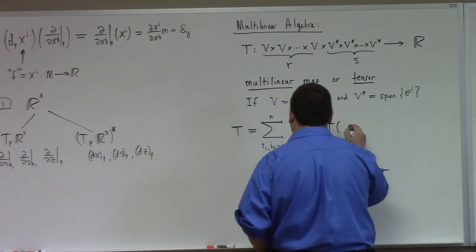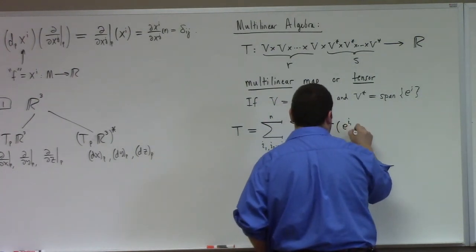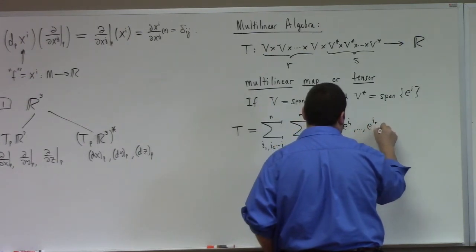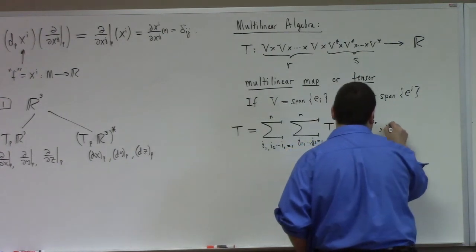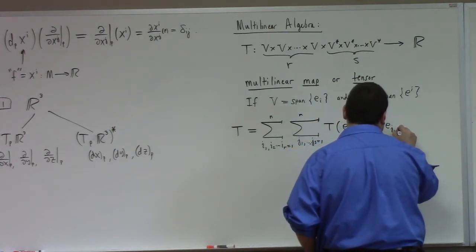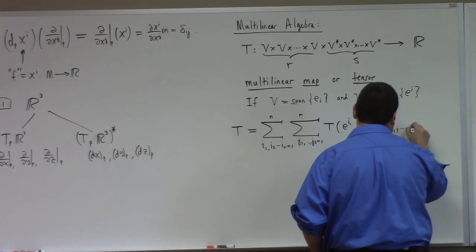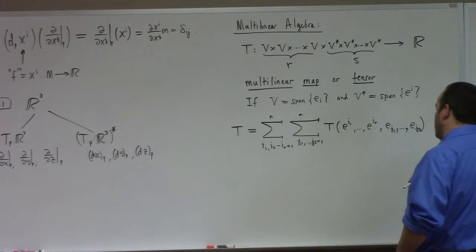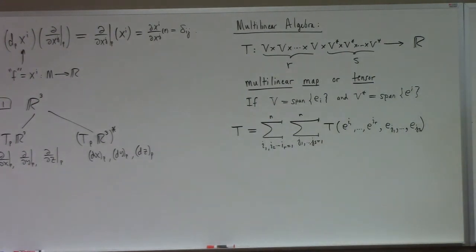We're going to feed it E upper i1, ..., E upper iR, comma, E lower j1, comma, ..., comma, E lower jS, close parentheses. So I'm feeding this multilinear map a set of dual basis vectors and vectors. So this is a number.